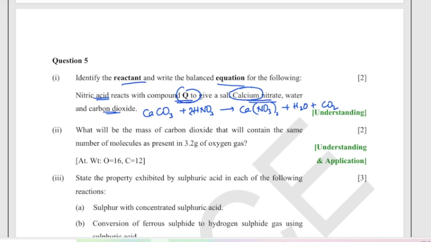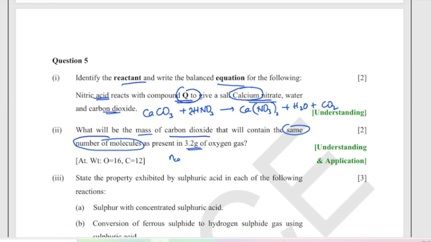Next question. What will be the mass of carbon dioxide that will contain the same number of molecules as present in 3.2 grams of oxygen gas? So here it is saying same number of molecules. Same number of molecules means you are going to take same number of moles of carbon dioxide and oxygen.